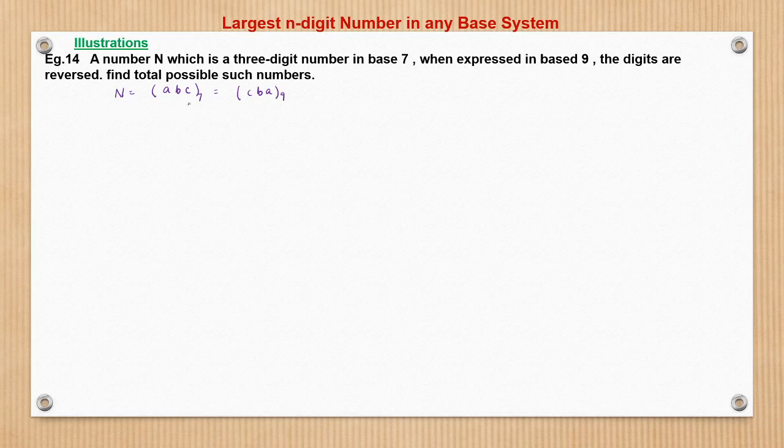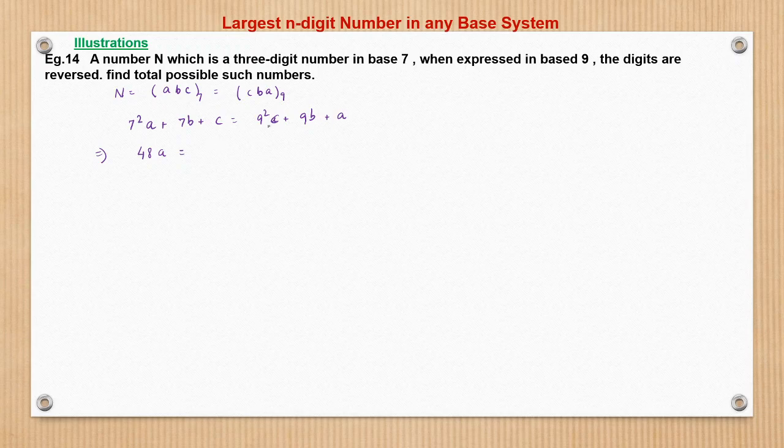So we solve this, we just expand this bracket here. So it will be nothing but 7 square A plus 7B plus C is equal to 9 square A plus 9B plus A, right? No, no, this is CBA.